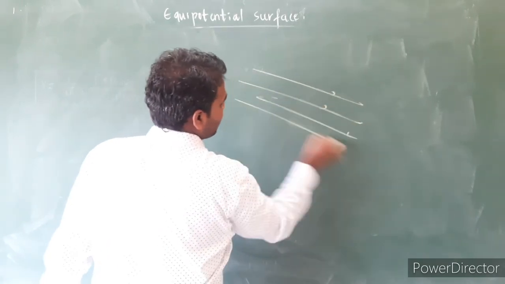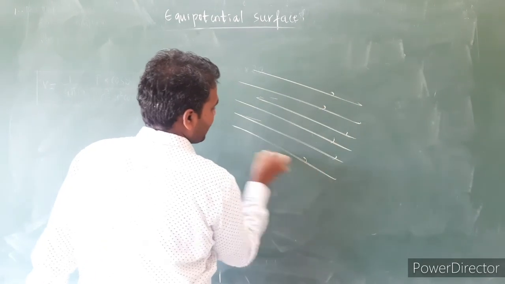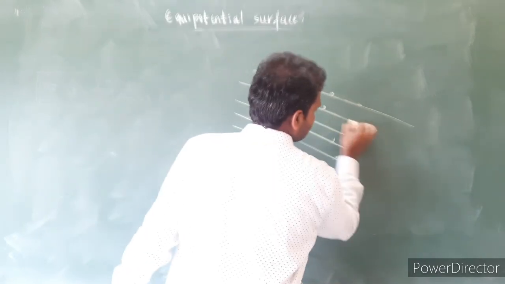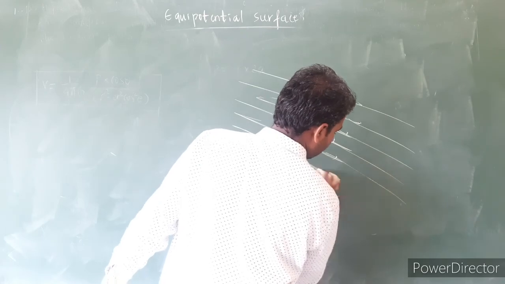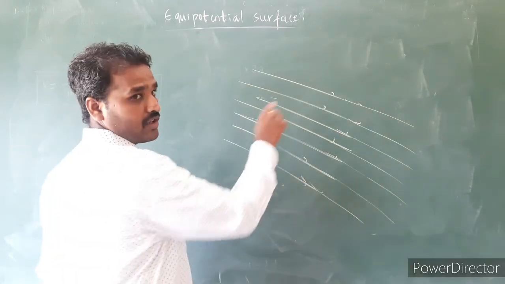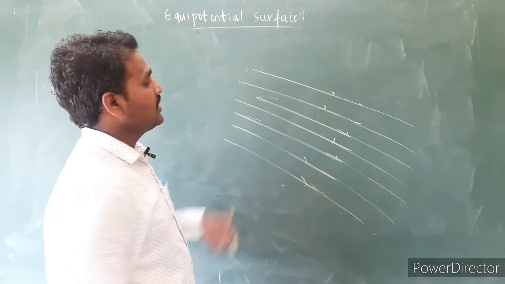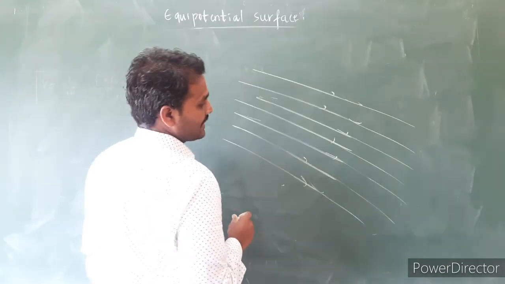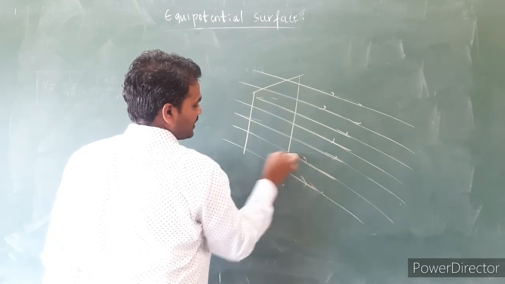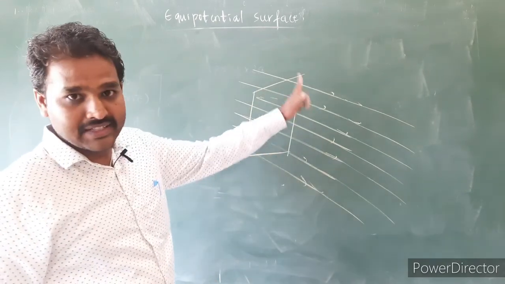Okay. What happens if I have a uniform electric field like this? In such conditions what happens? Yes. So, I am showing the uniform electric field with the help of equally spaced parallel electric field lines. Okay. In such conditions, my equipotential surface will be a plane surface, something like this.